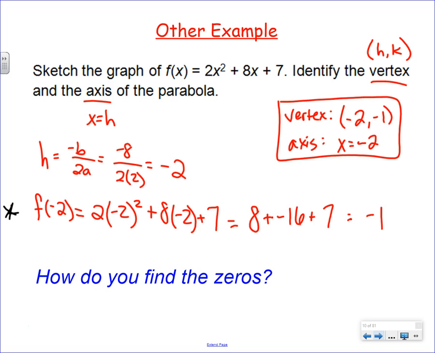Now, could completing the square have gone fast too? Yeah. And if you don't believe me, let's see if I can finish it. Do I still have a minute? I do, right? Yep. What's the problem? 2x squared plus 8x plus 7.